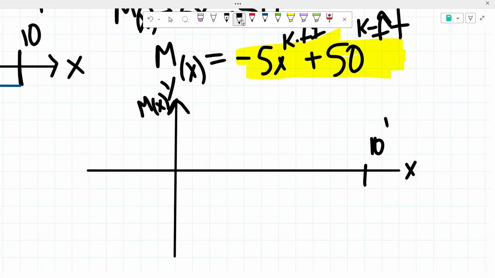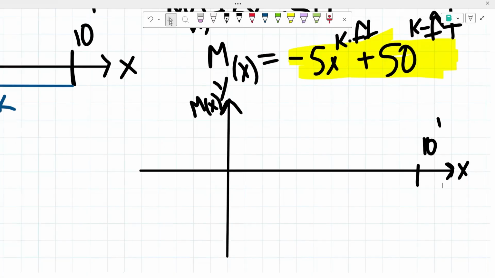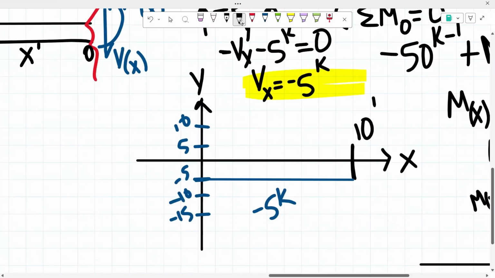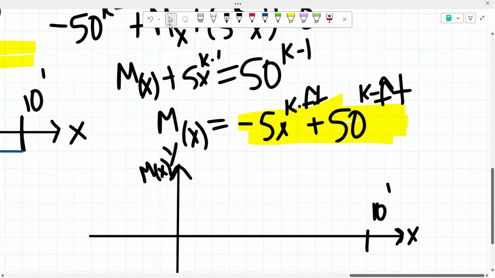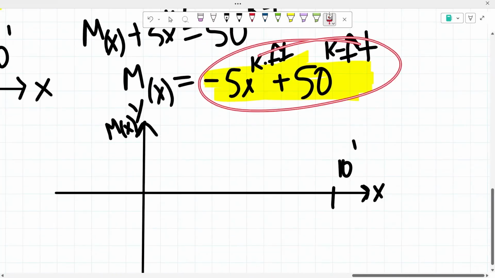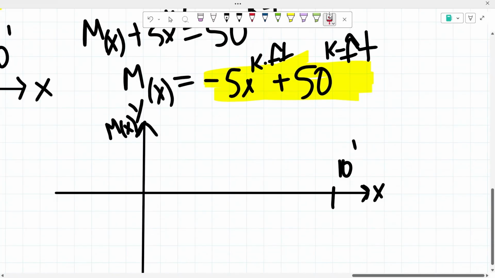Our x-axis is the length. I should have probably also specified that here, that our y-axis is our shear force, and then our x-axis is the length. So looking back at the equation that we got, the moment is equal to negative 5x kip feet plus the 50 kip feet.